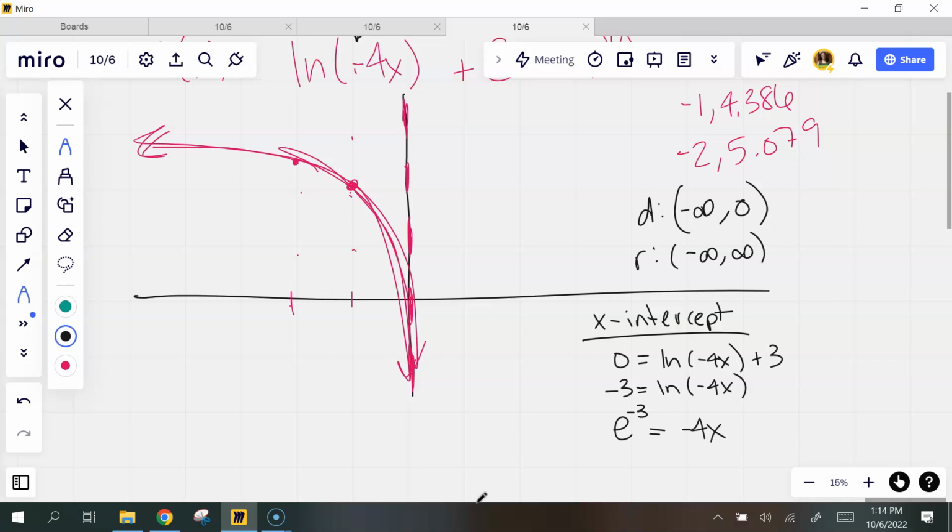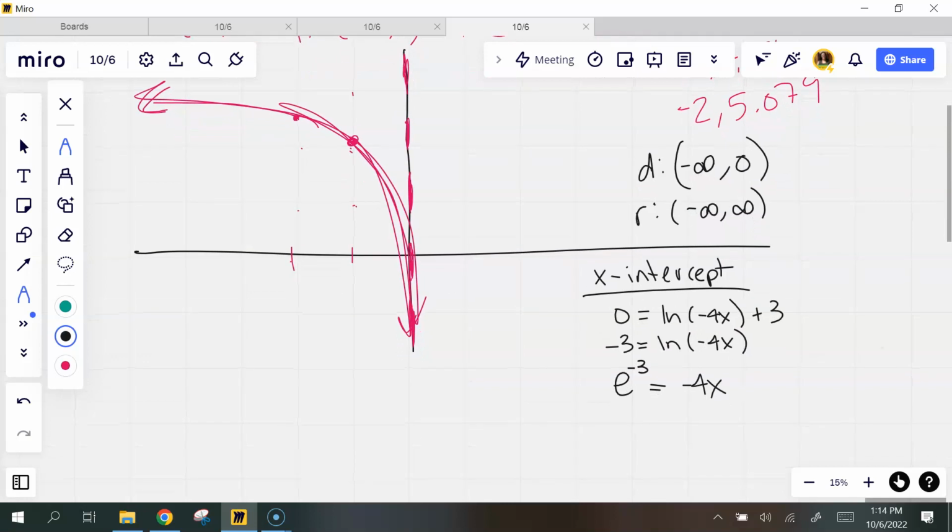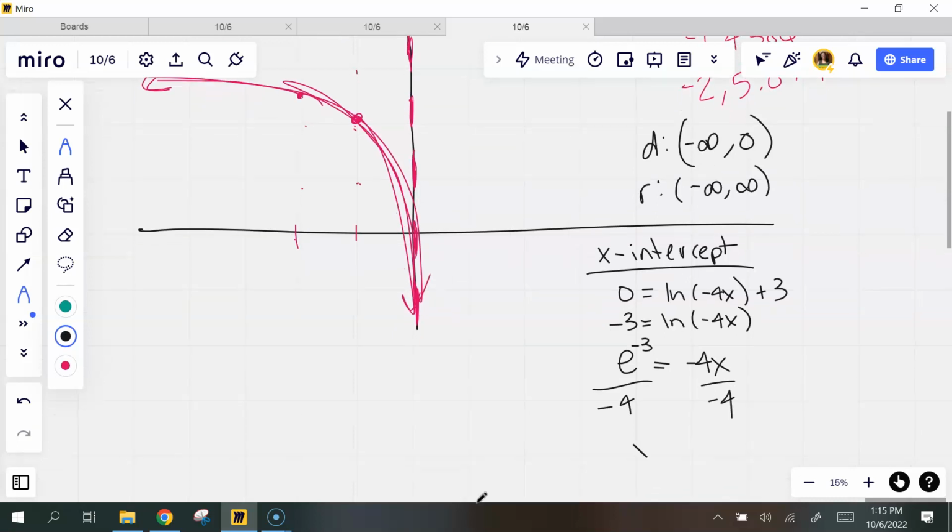Logs always equal exponents. Whatever the log equals, that's your exponent. Now take out your calculator and do e to the -3 divided by -4. Yep.